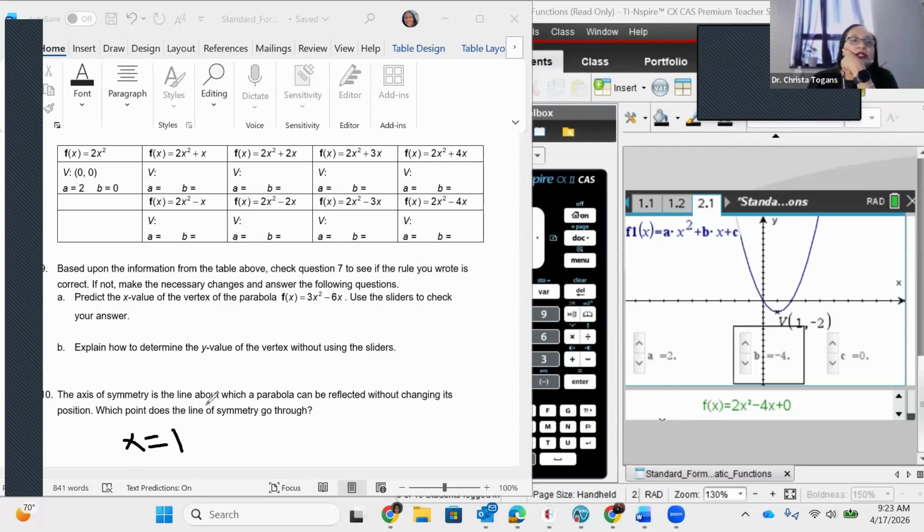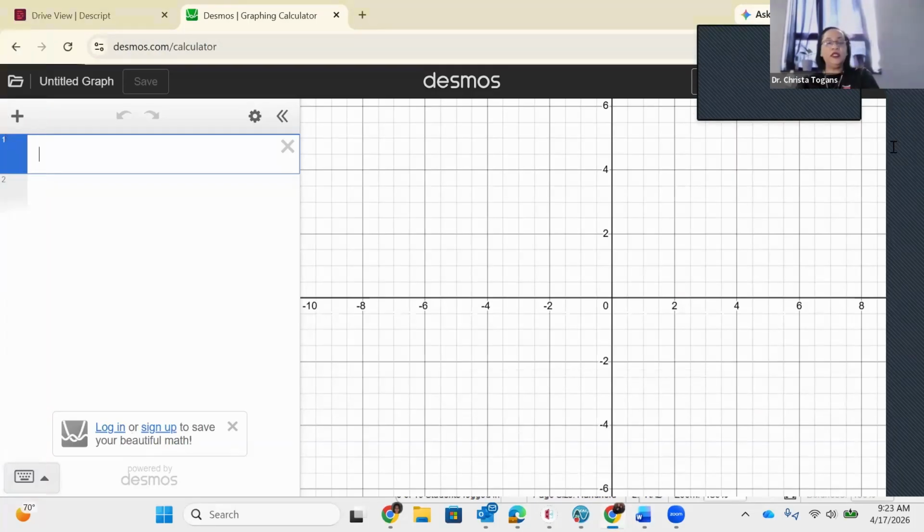But it says the axis of symmetry is the line about which a parabola can be reflected without changing position. All that means is that it cuts it in half. Let me show you, because it's a little easier to see. What was the function? f of x equals 3x squared minus 6x, right?